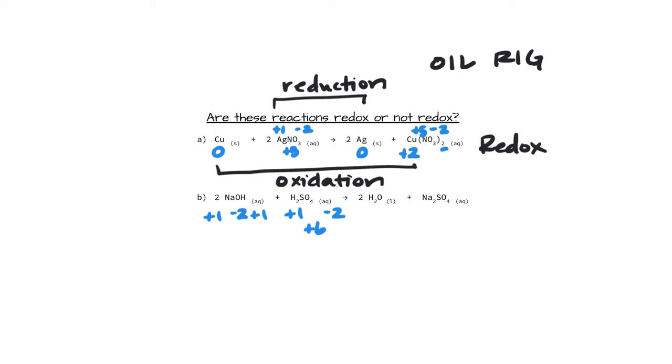And then on this product side, I know that hydrogen has to be a +1. Oxygen is the more electronegative atom, so -2. Sodium, being group 1, stays a +1. Again, -2. And then sulfur, again, is going to have to be a +6.